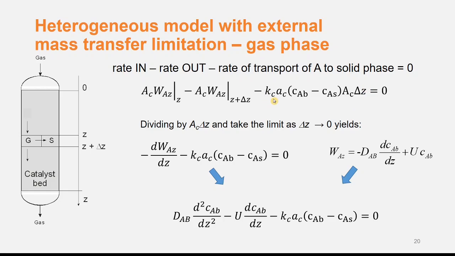Dividing by AC delta Z and taking the limit as delta Z goes to 0 gives us a differential equation involving the molar flux WAZ. The flux is given as usual by the diffusion or dispersion term plus the convection term. Substituting this into the differential equation gives us the model equation for the gas phase.